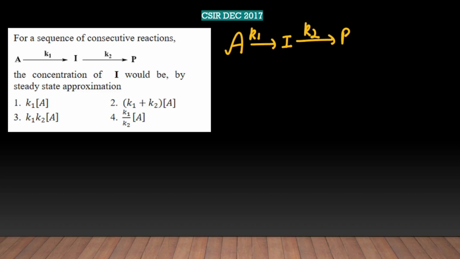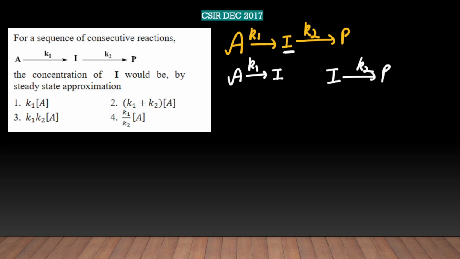Now SSA has to be applied to this intermediate I, because it is being formed in one of the reactions, that is A to I, and in the second reaction, which is I to P, it is being consumed. So here you can apply SSA.